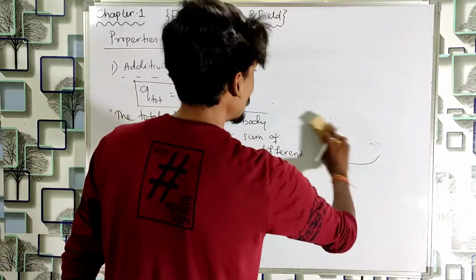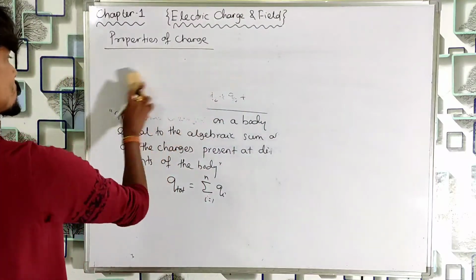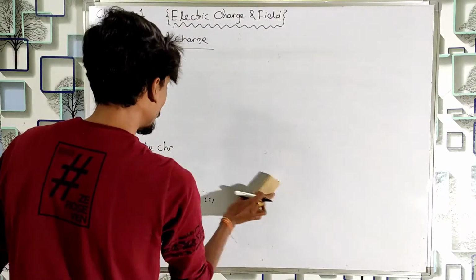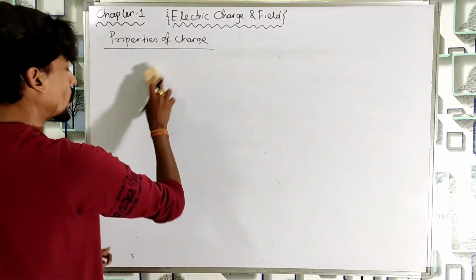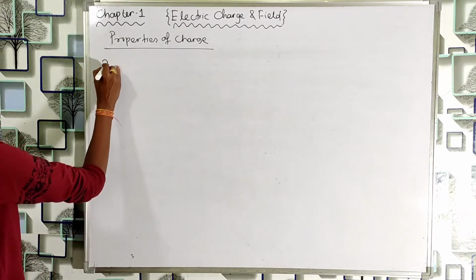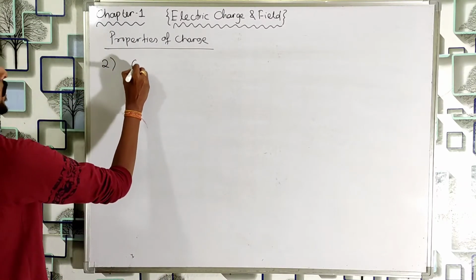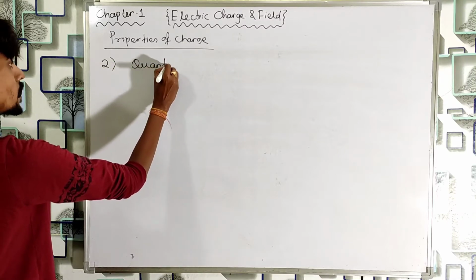Now we'll discuss the second property of charge, which is the discrete nature of charge or quantization of charge. The second property is a very important property. It is known as the quantization of charge.